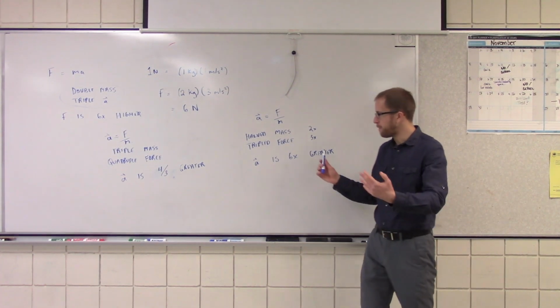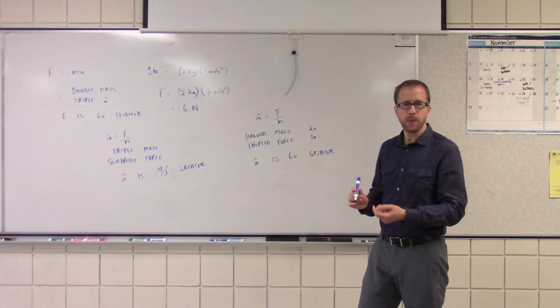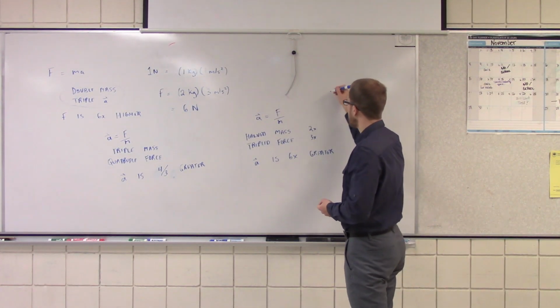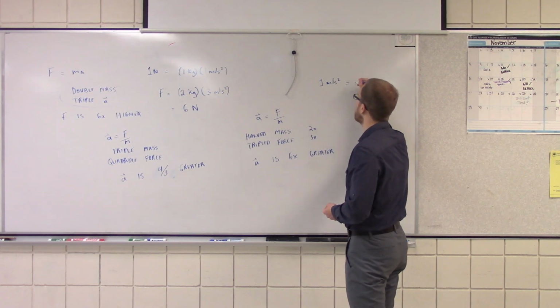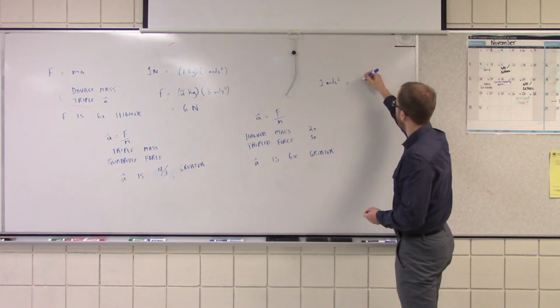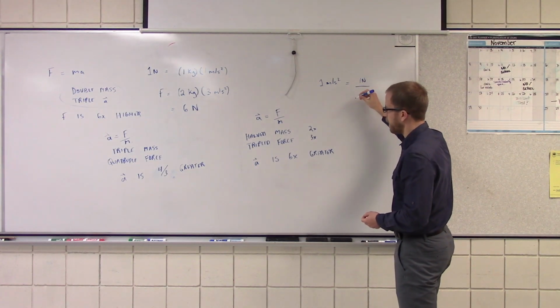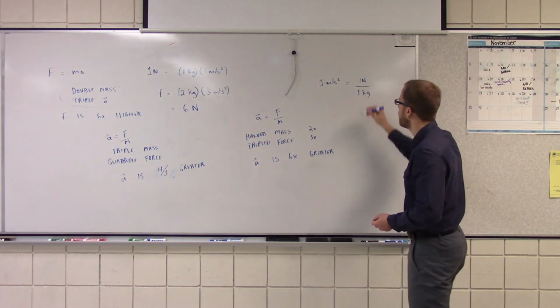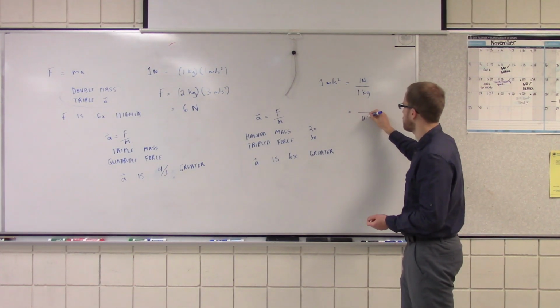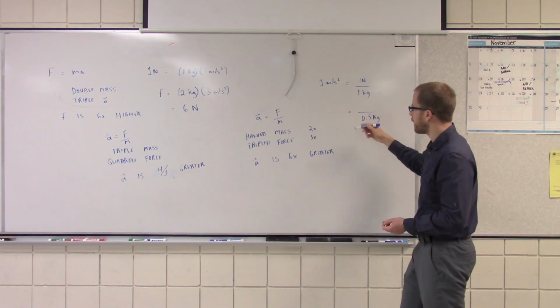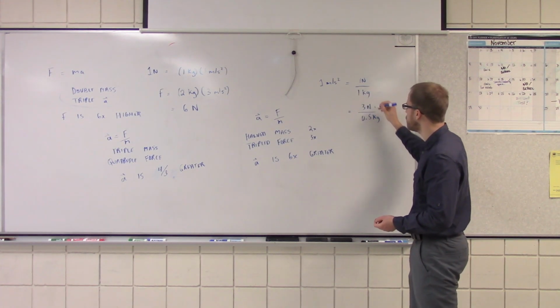Right, again, if that's confusing to you, you can just plug in fake numbers. We can say originally our acceleration was, I don't know, 1 meter per second squared. Our force was 1 Newton, and our mass was 1 kilogram. Now, if I half my mass, well, that's 0.5 kilograms. If I triple my force, that's 3 newtons.